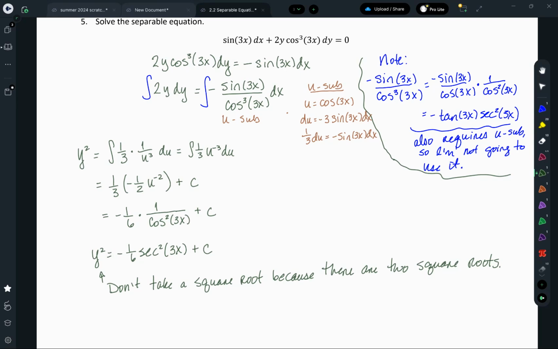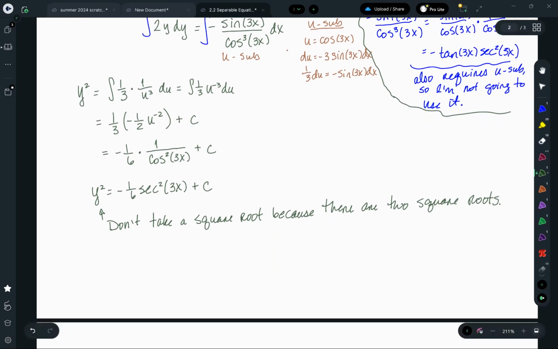I don't know if I want the positive square root or the negative square root. So it's safer if I just leave it as y squared equals. Anybody working with this solution in any application would decide whether they could take the square root or not, and then which one they would want. But we won't make that decision for somebody else, and we'll leave it as y squared equals.